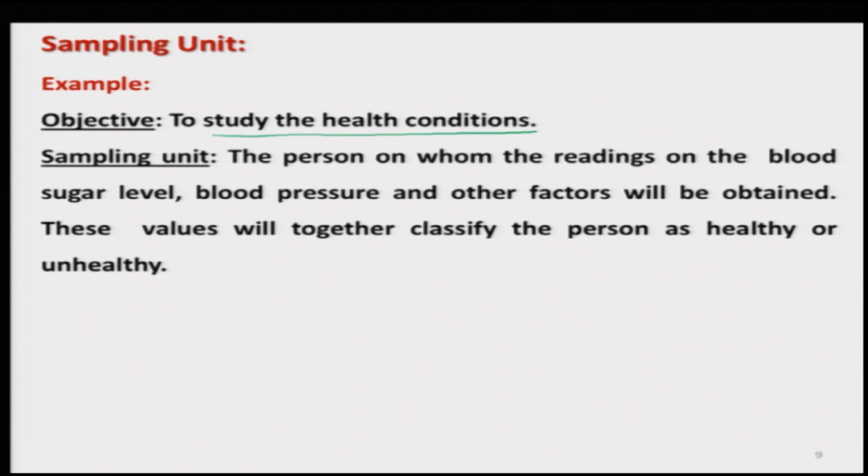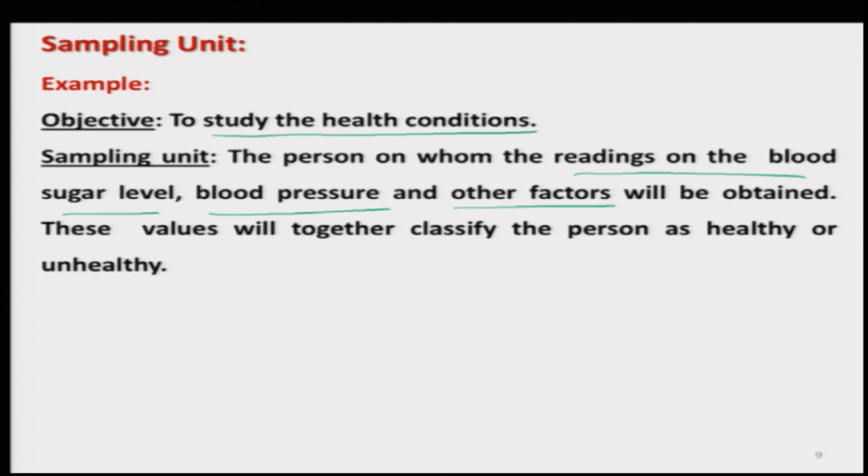No. Generally, from common sense, I can say that a person is said to be healthy if all the body parameters are within the control limits. For example, the readings on blood sugar level, blood pressure, height, weight, age, etc. and other factors need to be obtained.